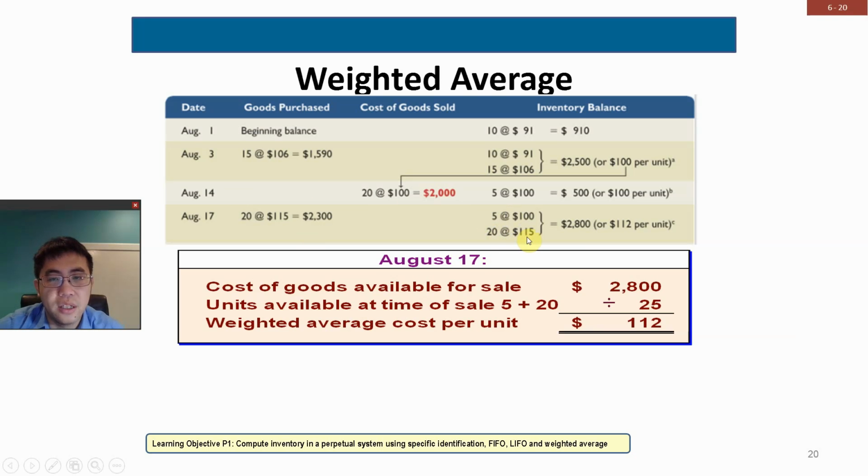Now it's 20 at $115. So you need to get the total cost. So you will use 5 times 100 plus 20 times 115. So that's going to be 2,800. So use 2,800 divided by 25. That's 112 each. So that will be your new cost per unit.